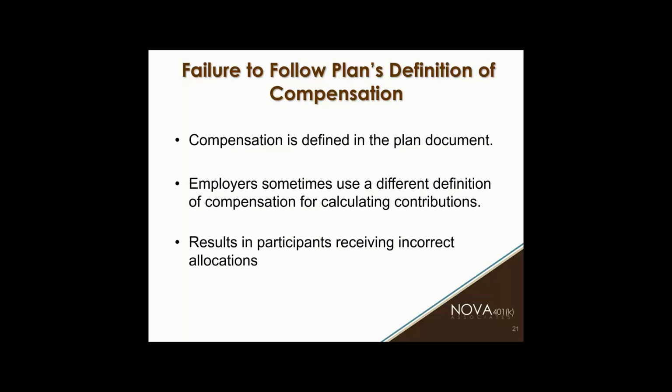And in payroll, if somebody says take 10% out of my pay and you're taking 10% out of the wrong definition in payroll, right, or not the definition that your plan document says, you've got a problem because people are going to be getting the wrong allocations, right? You will make the wrong deductions, and if you're computing a match, the wrong matching contribution will be calculated.